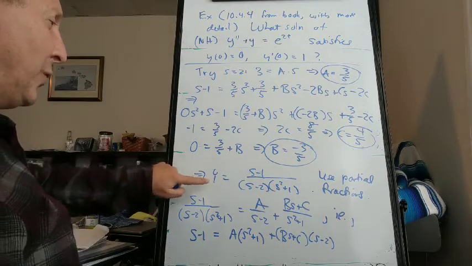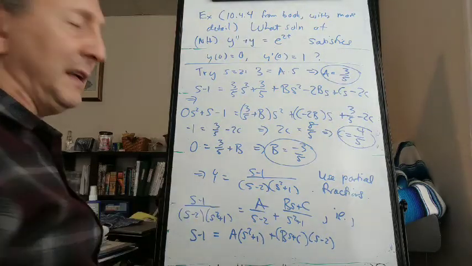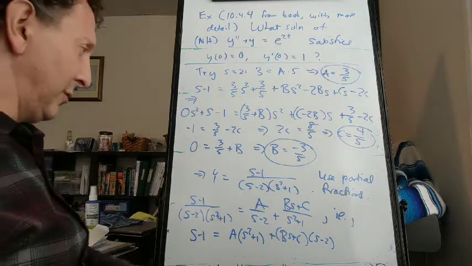Okay, so now we can write y as a sum of things that are easy to take the inverse Laplace transform of.